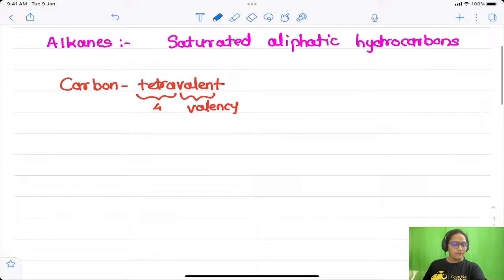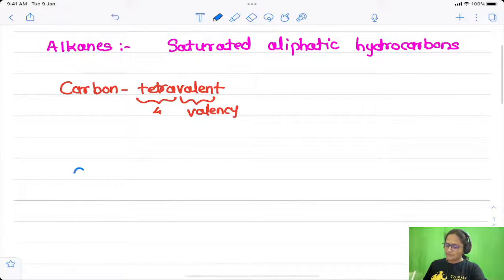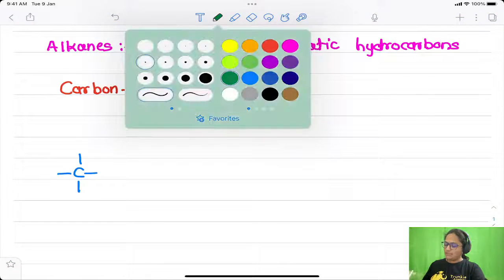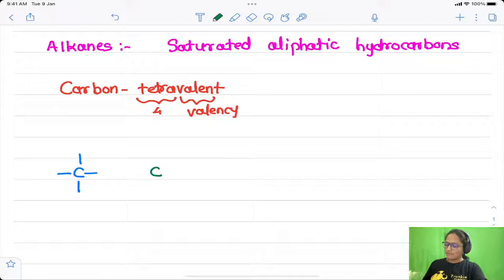Now how can carbon form 4 lines surrounding it? First possibility, like this, carbon can form 4 lines surrounding it. Second possibility, third possibility, fourth possibility.